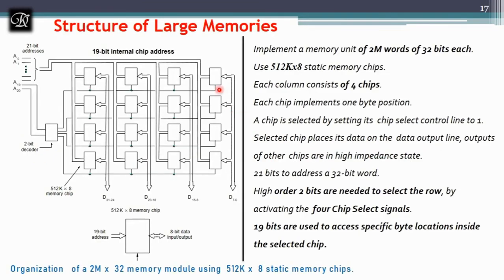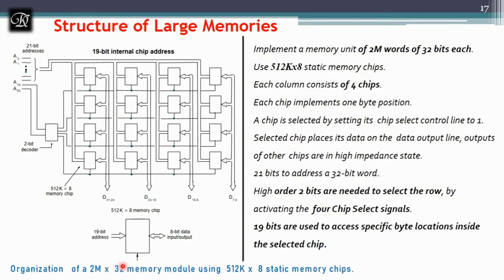Next, we'll see large memories. This is with respect to static RAM or dynamic RAM. The circuit will remain the same. The only thing is, if it is a static RAM, it is going to keep the content for a long time. If it is a dynamic RAM, we have to keep on refreshing. Here the circuit is for 2 megabits and the word size is 32 bit.